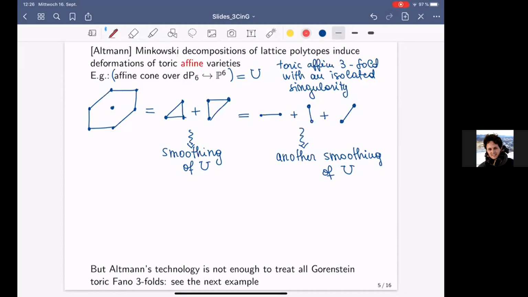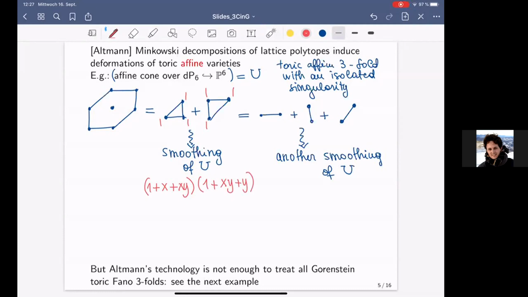Now I consider this Laurent polynomial. So in other words, I consider a Laurent polynomial with this triangle as Newton polytope, and then each point gives a monomial, and I consider coefficient 1. Then here this point gives a monomial, I consider coefficient 1, the same here. So basically, if this is the origin, this polynomial is just 1 plus x plus xy. And the second polynomial here is 1 plus xy plus y, I would say.